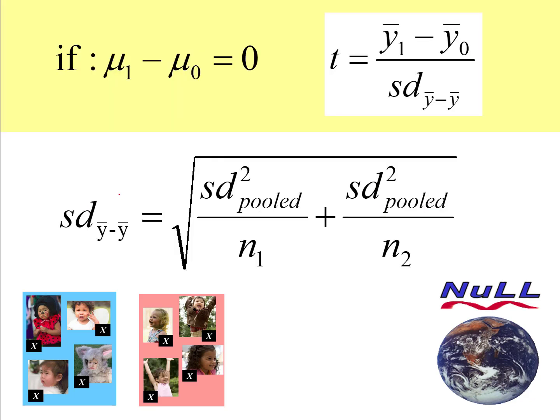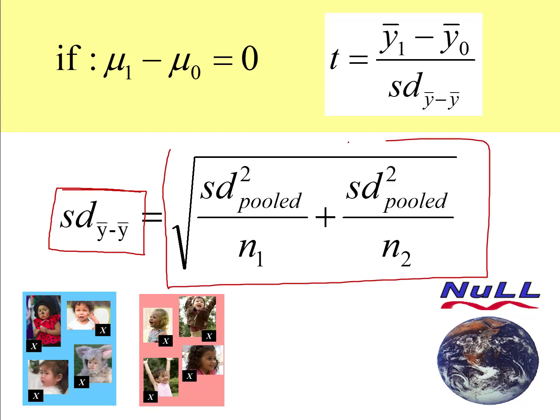So here is the formula for the standard error of a mean difference. I have here S_D subscript Y bar minus Y bar. That's the standard error of the difference between two means. That is the standard error of mean difference. And it's going to be equal to the square root of, and then we're going to take something called the pooled variance, S_D squared pooled, that stands for a pooled variance.